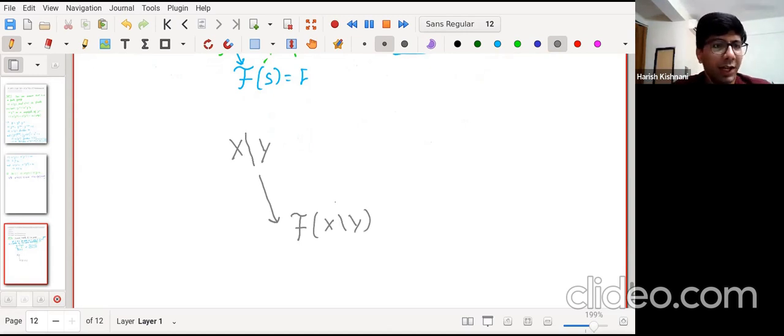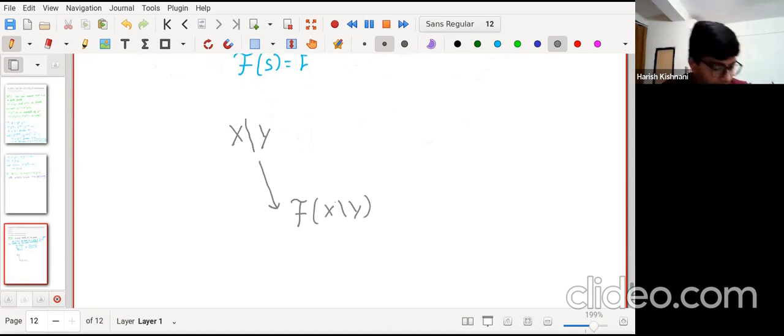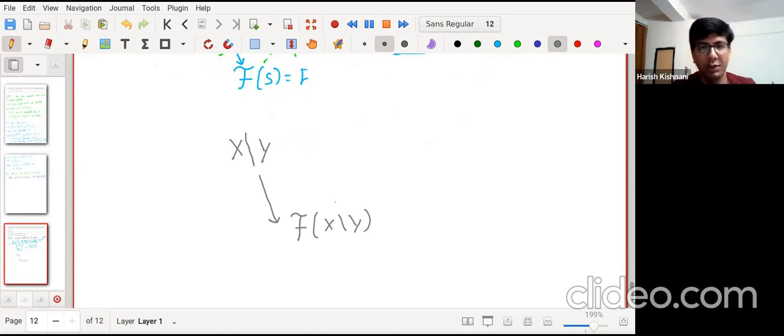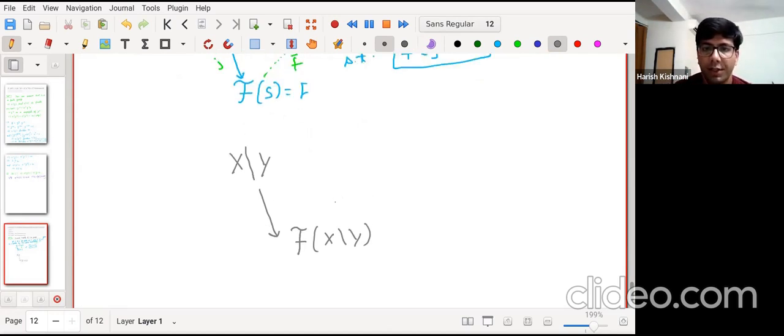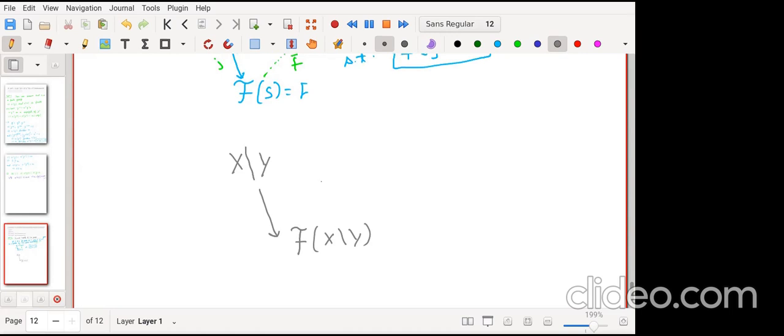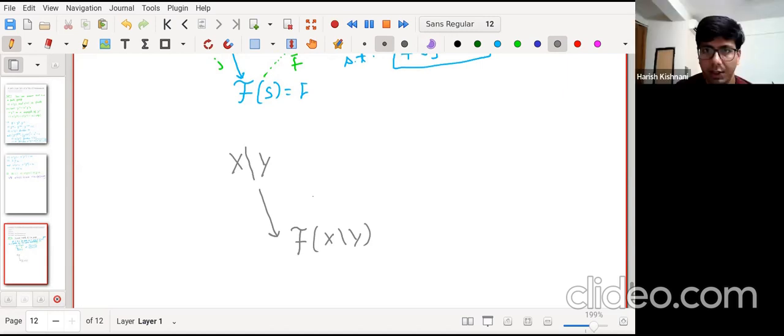And that's why they have assumed that Y is non-empty. Oh, sorry, it's proper. And here you need to take the group F modulo H.